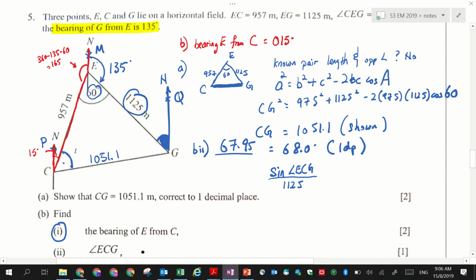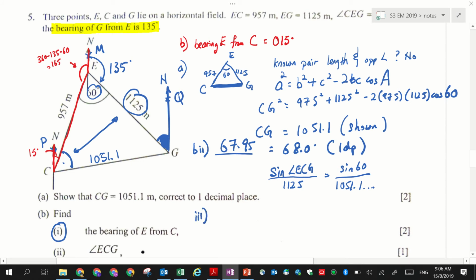Sine is always the angle and the opposite leg, right? Then equals to sine 60 over 1051.1 and so on. Remember to use 5 SF numbers.